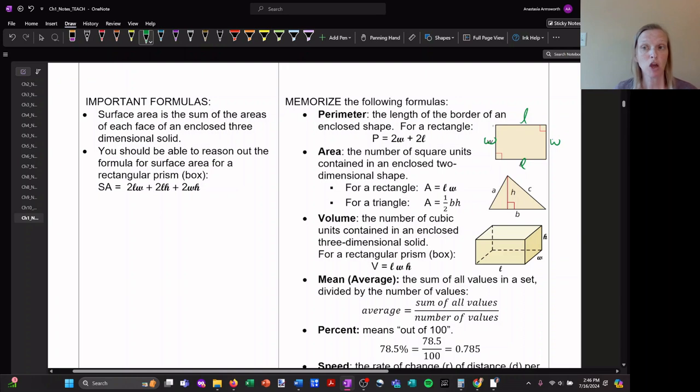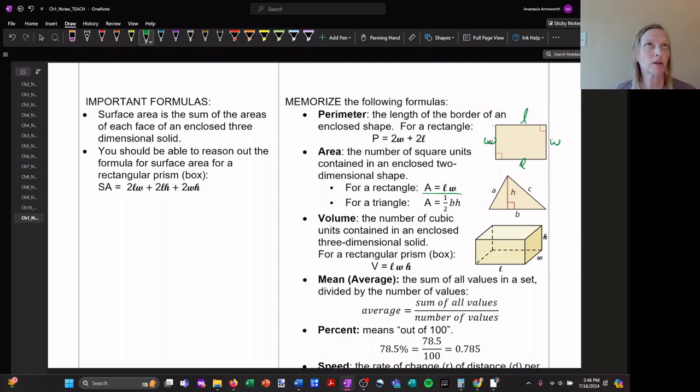For the area, you just do length times width for a rectangle. For a triangle, it's a little more involved. You do 1/2 the base times the height. Basically, a triangle is 1/2 of a rectangle, so it's the same formula as a rectangle, but you cut it in half.